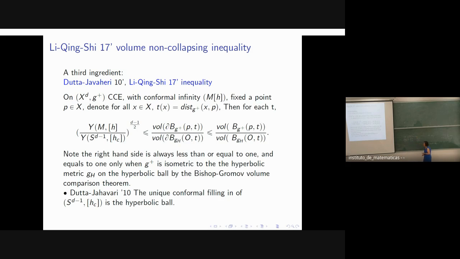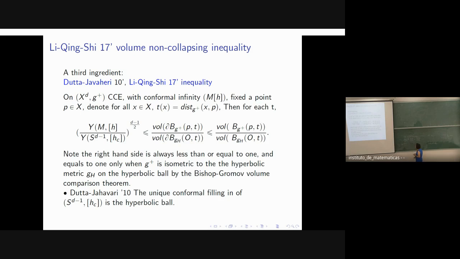And an immediate consequence of this theorem is the result of Dutta and Javaheri.